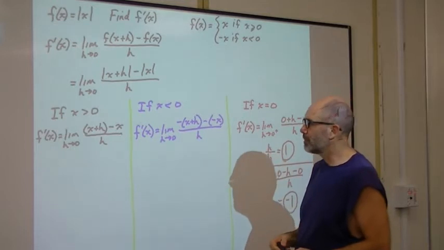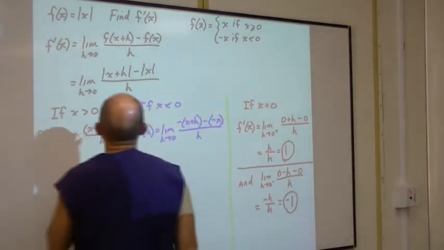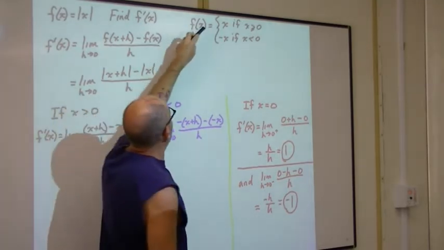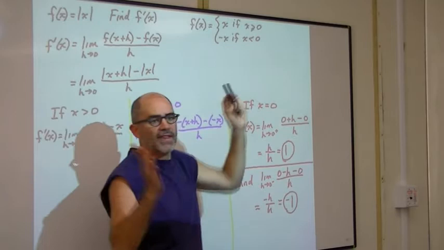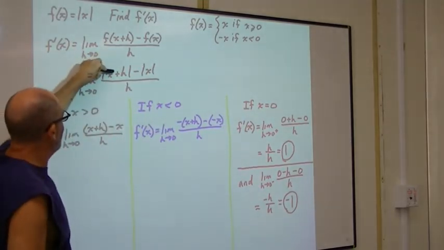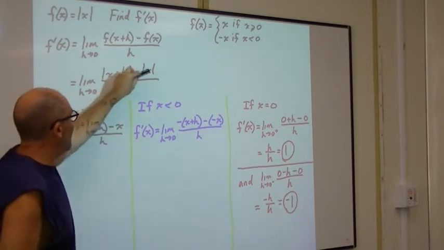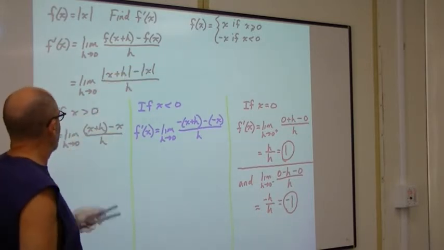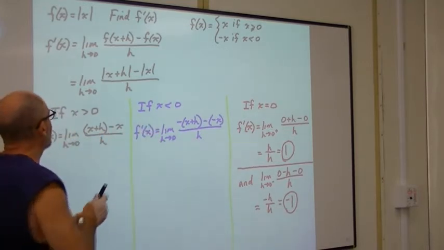Okay, so when x is positive, then that means whatever the absolute value is, you just throw away the absolute value. So if x is positive, then the absolute value of x plus h is just x plus h. And the absolute value of x is just x. So this is when x is positive, just throw away absolute values and it's fine. So what do we have here?